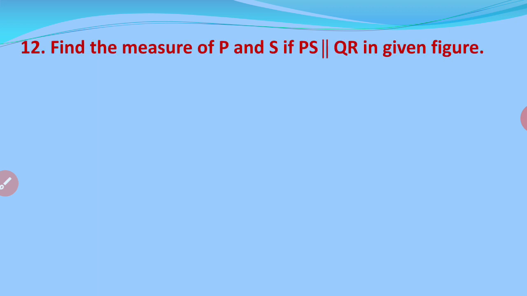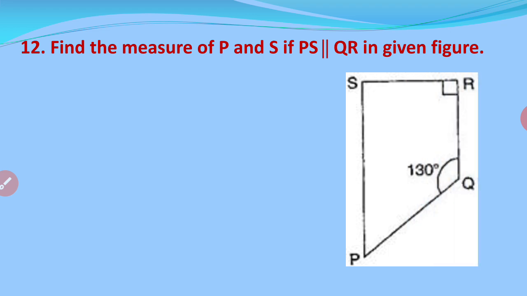Now we move to question number 12. This is the figure PQRS where PS is equal to QR. Two measures are given. Angle Q is 130 degrees and angle R is 90 degrees.